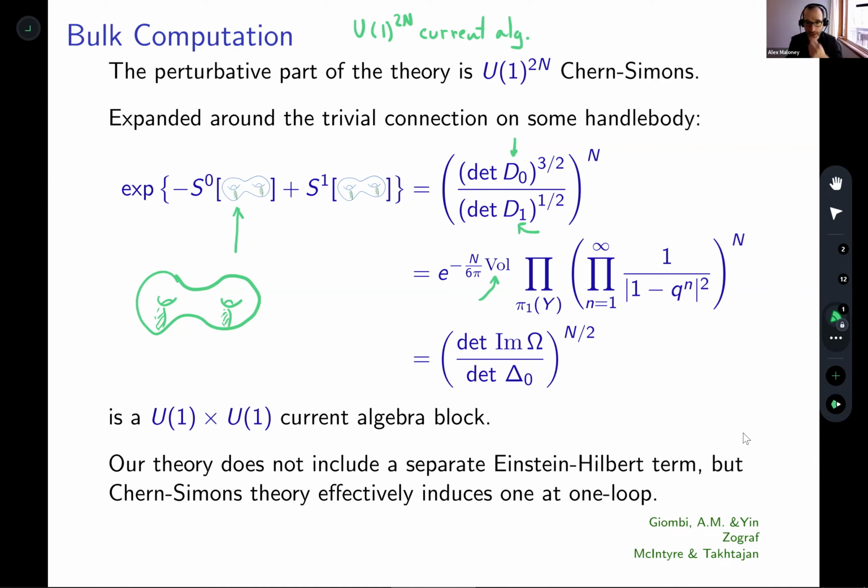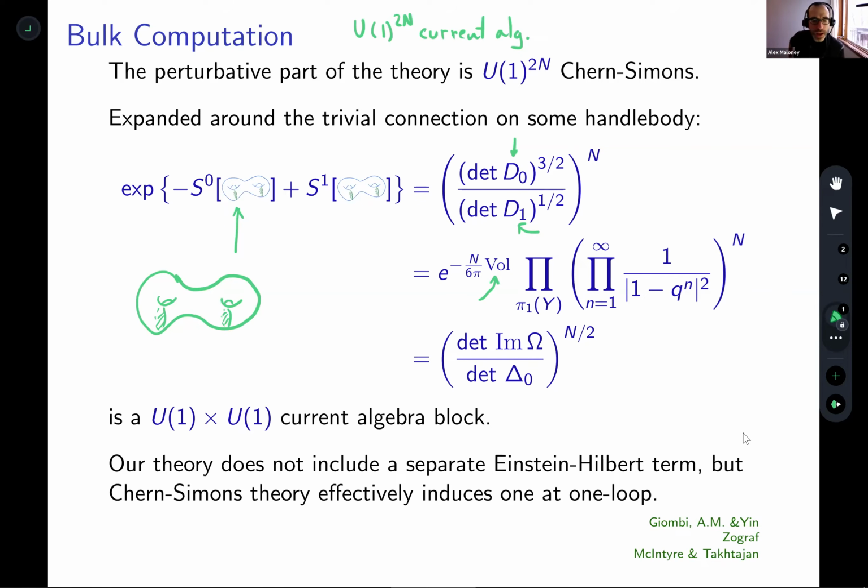I just have a bunch of Chern-Simons fields. Effectively, this is something that gets induced by one-loop effects. Okay. There's a couple different ways of thinking about it. You could think of it as an effective one-loop contribution to the cosmological constant, if you like, or you could just think about it as something that appears when you study Chern-Simons theory at one loop.